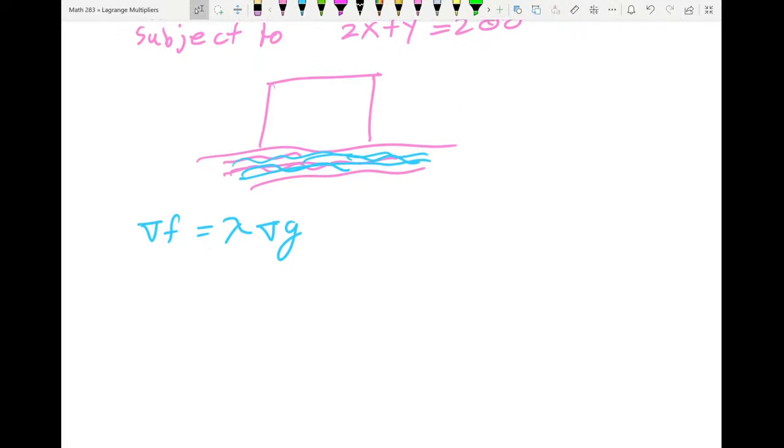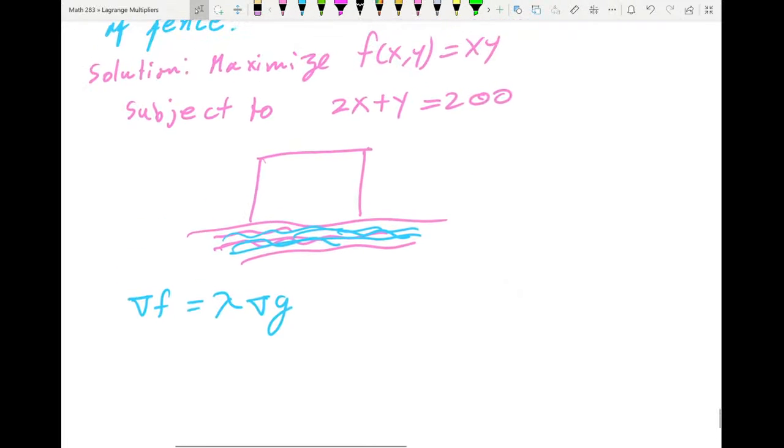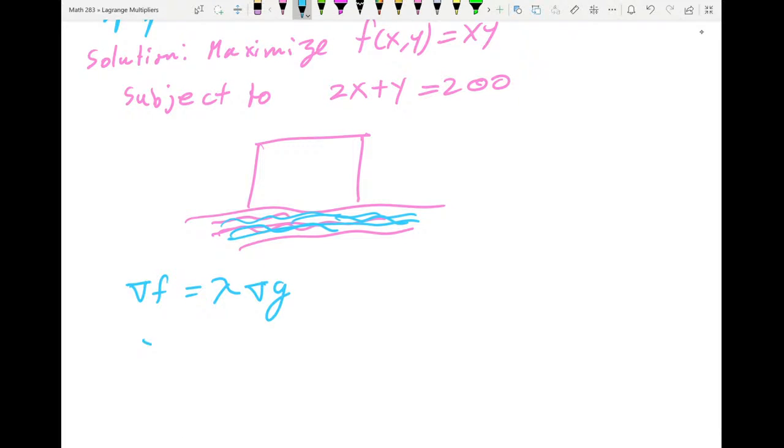So the gradient vector becomes y i plus x j, and then you get what in this case? 2i plus 1j.